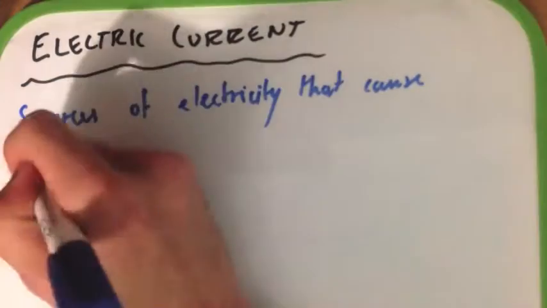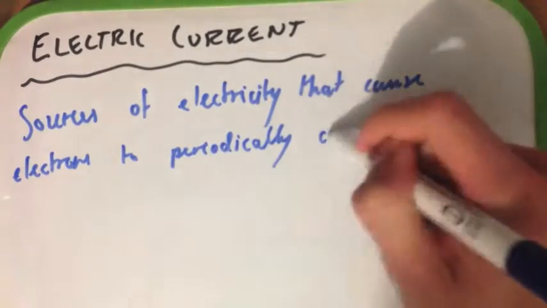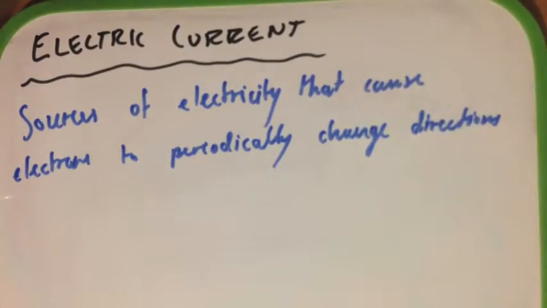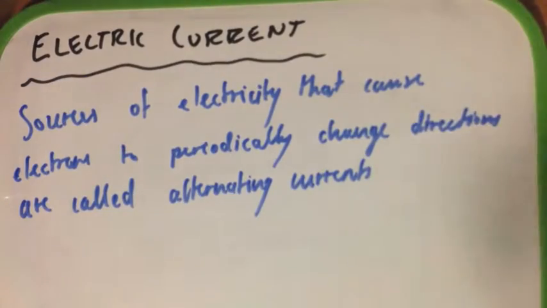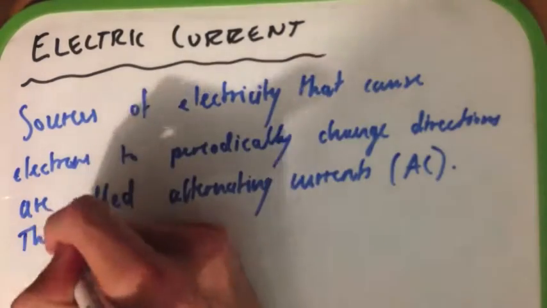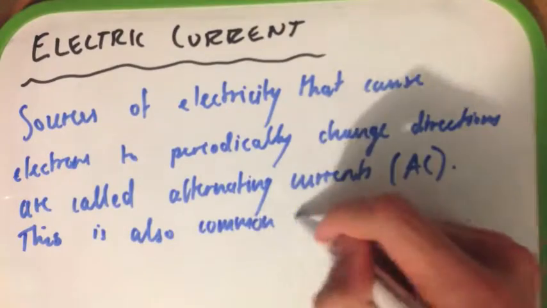Sources of electricity that cause electrons to periodically change their direction are called alternating currents, or AC. This occurs in common household electricity among Australians.